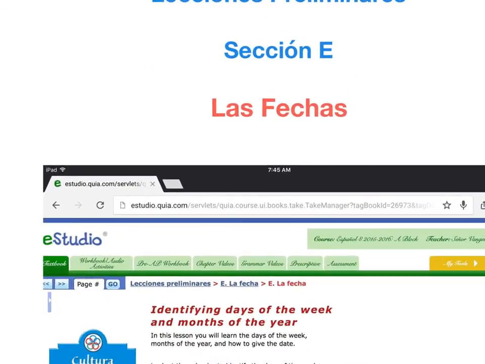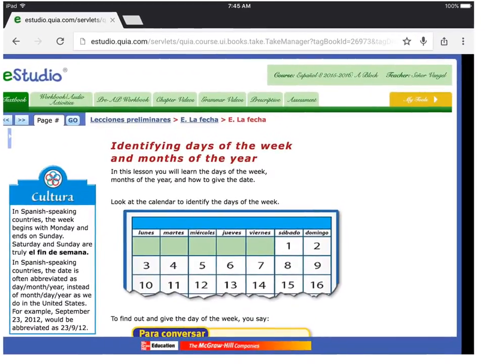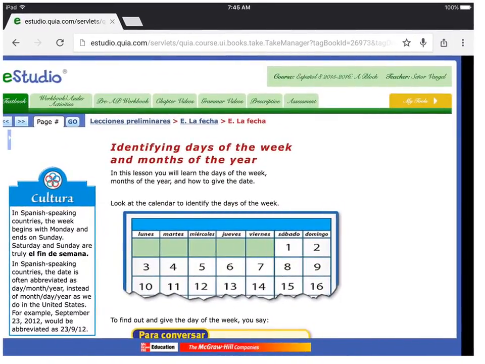This is what we're looking at in the book. You can see I've taken a screenshot of what it looks like in the book. And it says identifying days of the week and the months of the year. You notice that over here we have some cultural notes, and first and foremost, the first day of the week on the Spanish calendar is Monday.